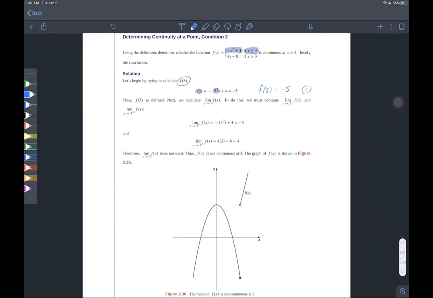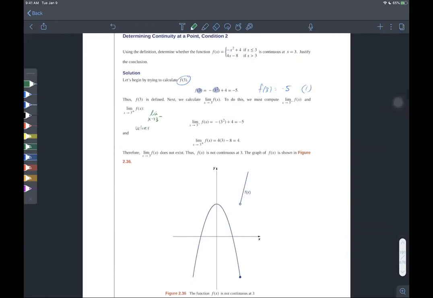If we are computing from the left-hand side, as we talked about before, it means that you are looking at values approaching 3, but from the left-hand side, so values less than 3.